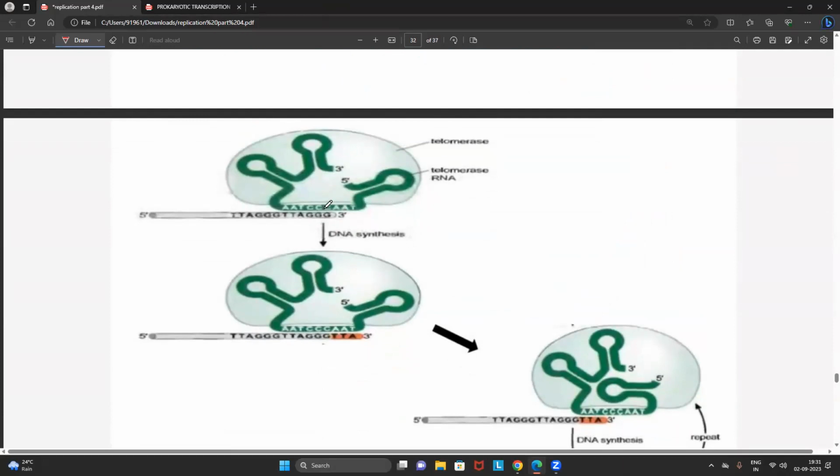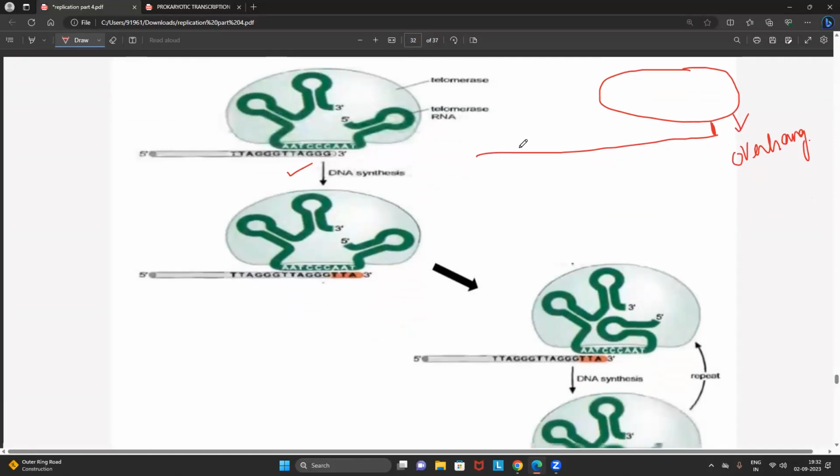You know how the telomerase enzyme attaches to the DNA. Till today, we have not understood why the telomerase enzyme always attaches like this. Every student pay attention. This is the DNA, and this is the telomerase RNA. You can see very clearly that the telomerase enzyme will come and attach to the DNA in such a way that it always forms an overhang.